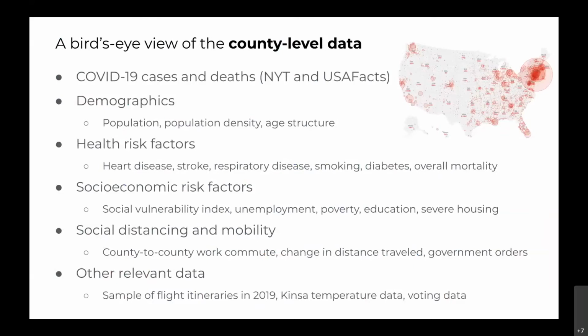Some socioeconomic risk factors, if you would like to stratify on those, like unemployment, poverty, education. There's some social distancing data, which has been really interesting. And then some other kinds of miscellaneous data sets like flight itineraries if you're interested in the spread of COVID-19.